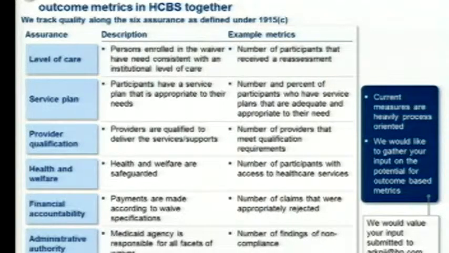And you can see some examples. We really feel like these are pretty heavily process-oriented. They're not outcome-oriented. I don't see here, for example, the relevance of the in-home worker and provider to an individual's overall health.